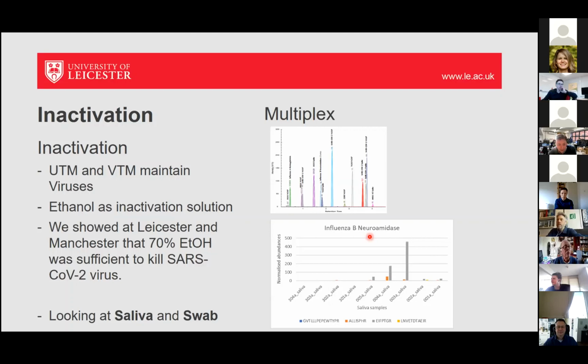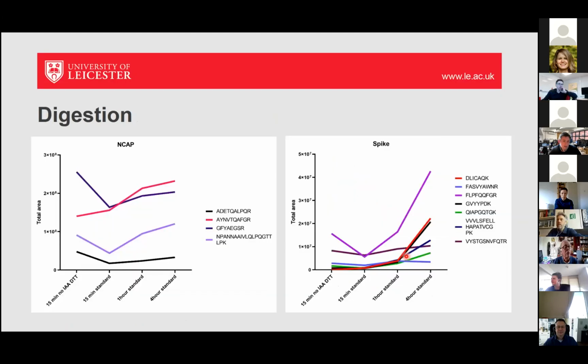If you have had the snivels, it's more likely to have been COVID. But in a few of the samples where we looked for flu, we did see evidence of peptides that belong to the flu virus. So we have some evidence that we can pick this up, but we haven't been able to test it on a large enough cohort, but we're showing evidence that we can kind of do multiplex.